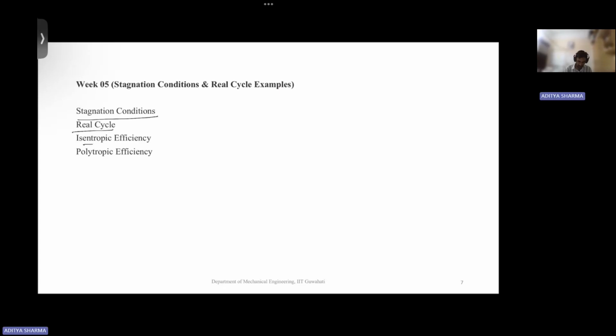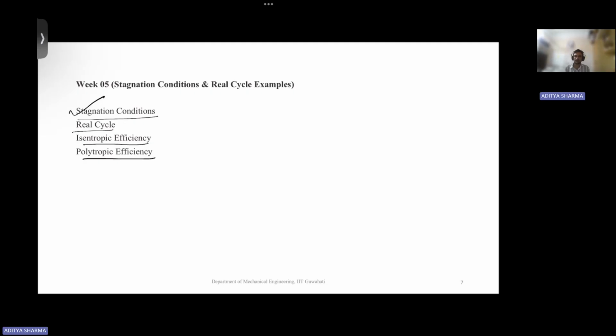Stagnation conditions, isentropic efficiency, polytropic efficiency. So why we are introducing stagnation conditions, this topic basically is because in the previous discussion, what we were doing, we were taking static temperature, static enthalpy. Okay.